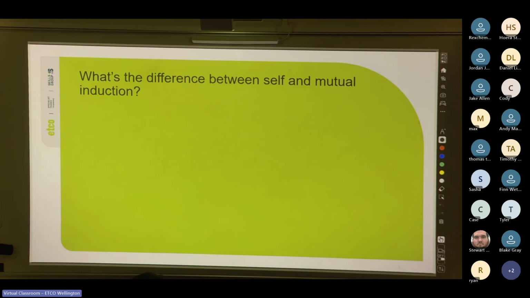Cool. So what's the difference between self and mutual induction? We kind of already touched on it a little bit.